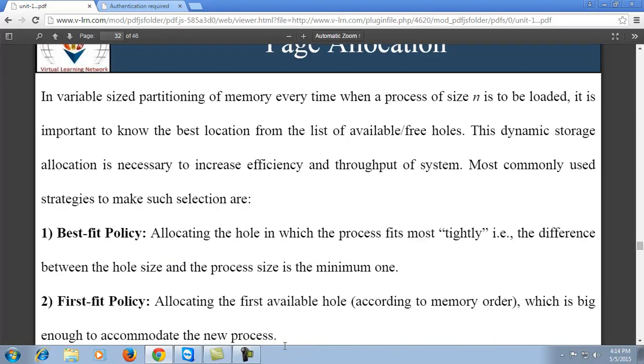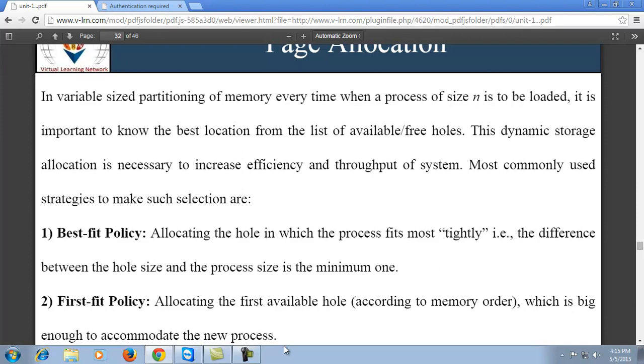In variable size partition of memory, every time a process of size n is to be loaded, it is important to know the best location from the list of available free holes. In this we have to find the best suitable memory for storing the data among the available ones.